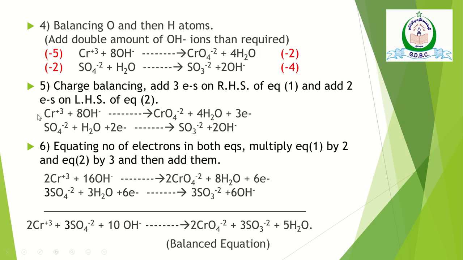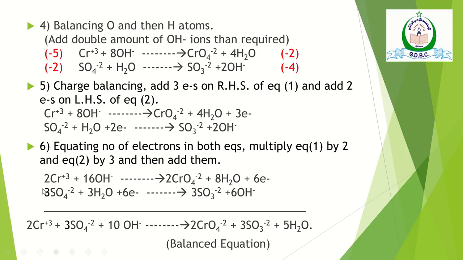So this is done. Multiplying the first equation by 2, we have this equation with 6 electrons, and if I multiply the second equation by 3, then we will have 6 electrons in equation number 2 as well. So these are the two equations after multiplying by their respective integers.